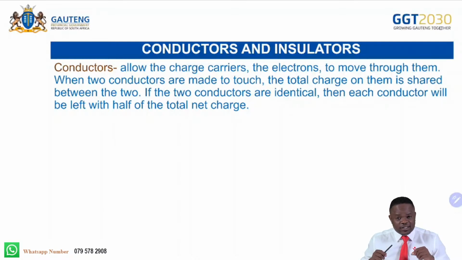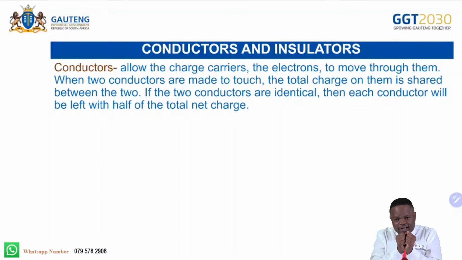They are going to share their net charge. Okay, take note of this. If I bring a positively charged conductor to a negatively charged conductor, which one has excess electrons? Let's remember, excess electrons is the one that is negative, isn't it? Positive is a deficiency of electrons.